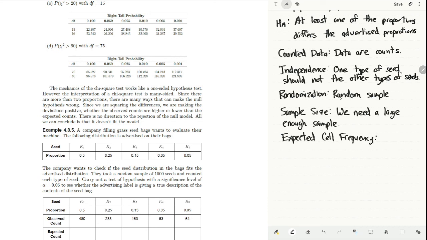All of the expected counts must be greater than 5. Since we calculated all of the expected counts, we know that they are all larger than 5. And so the expected cell frequency condition is met.